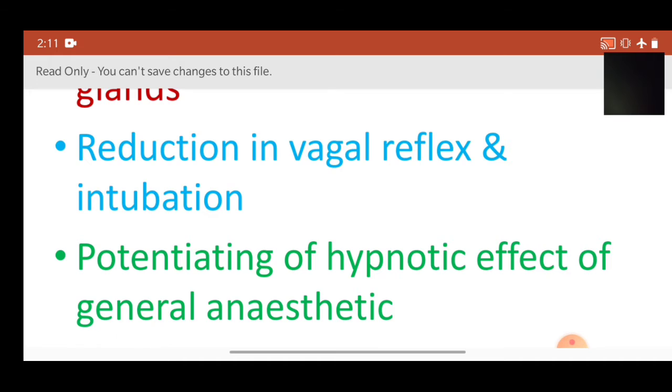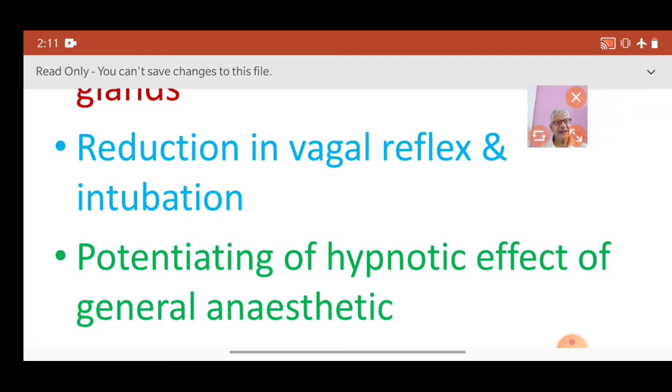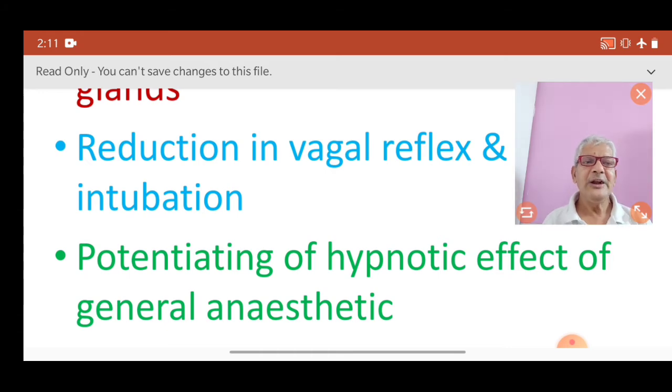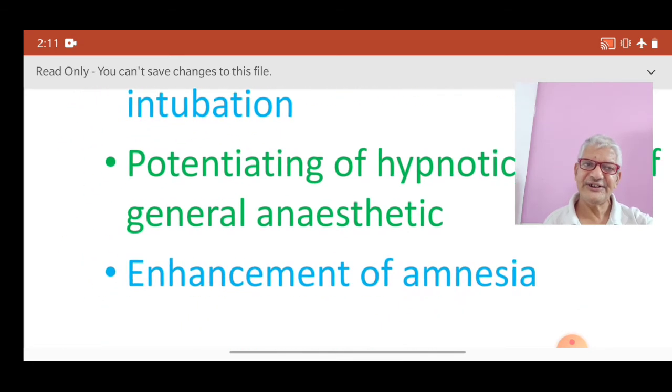Means there are mainly three objectives of these pre-anesthetic medications: number one, reduction in anxiety and pain; number two, reduction in nausea and vomiting; and number three, potentiation of the hypnotic effect of general anesthetics.